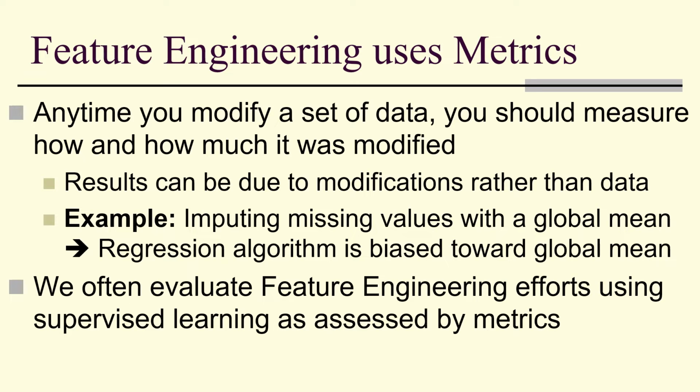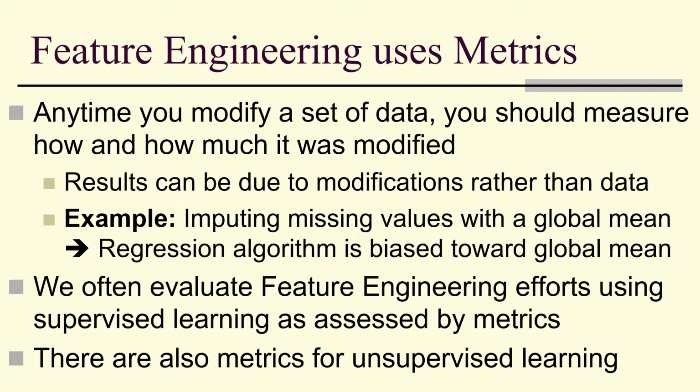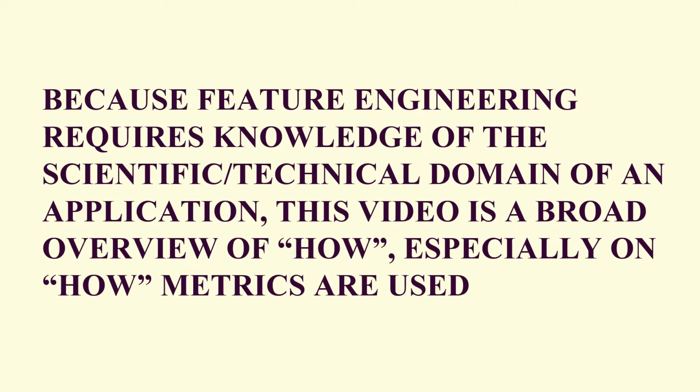So we often evaluate feature engineering efforts using supervised learning, as assessed by metrics. There are also metrics for unsupervised learning, and we'll look at least one of those. So this is going to be sort of an overview video. We can't get into every possible scientific domain where these applications show up, but that's the knowledge that you'll need to bring to bear when you're doing your own feature engineering.